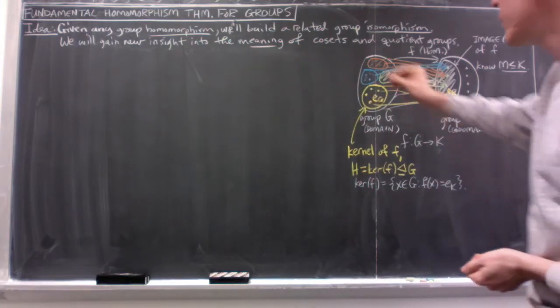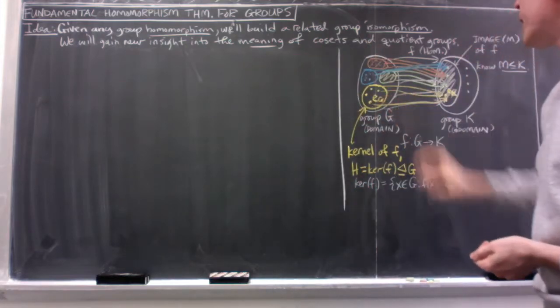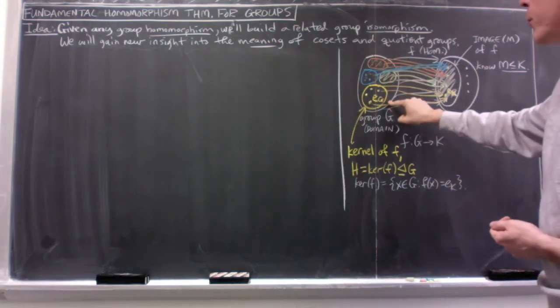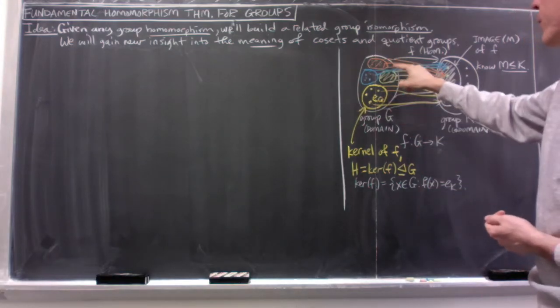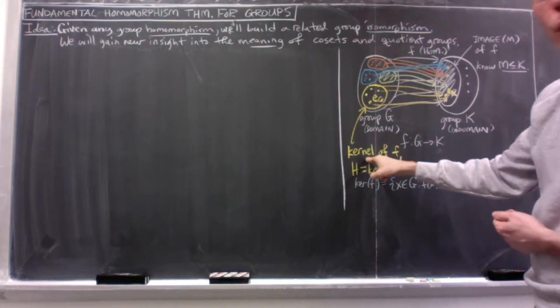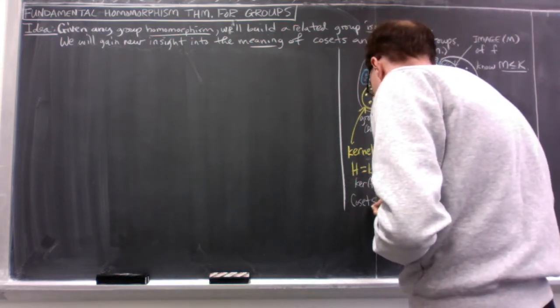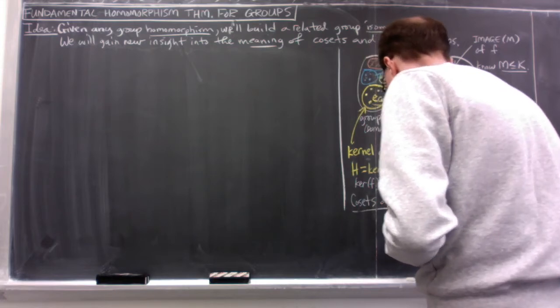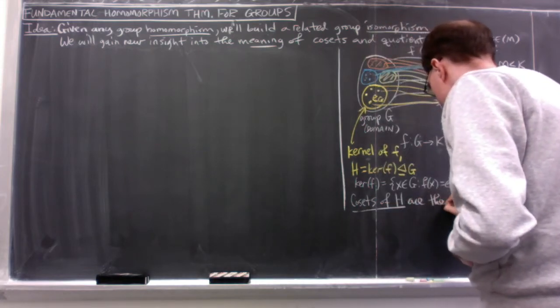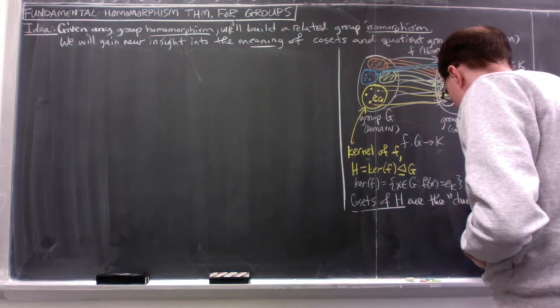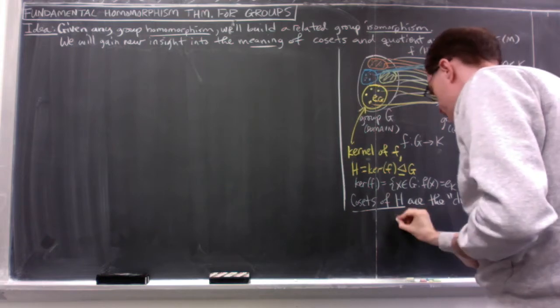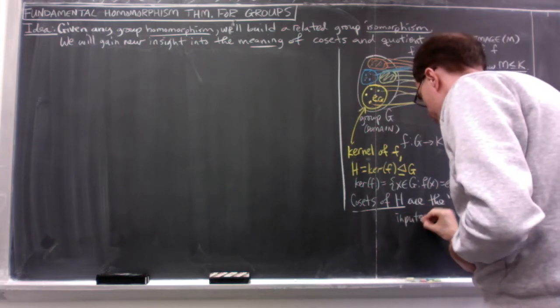That's the intuition. And the really remarkable thing is that these colored clumps that do this end up being the cosets of the kernel, as we will see eventually.